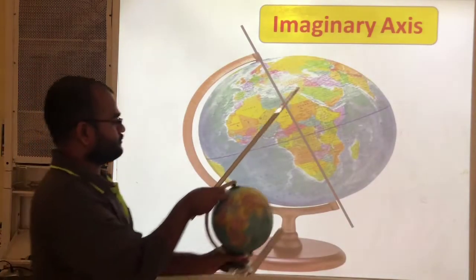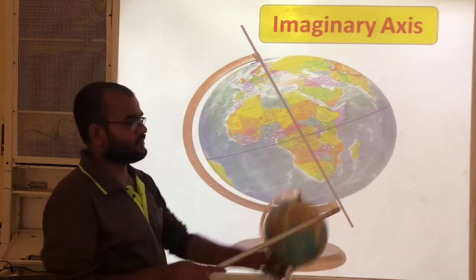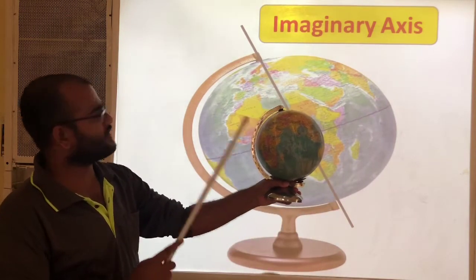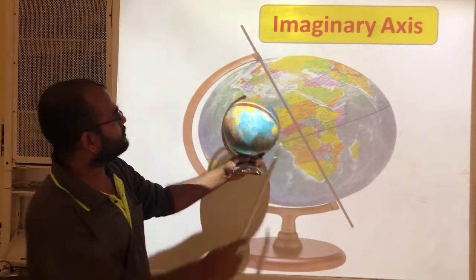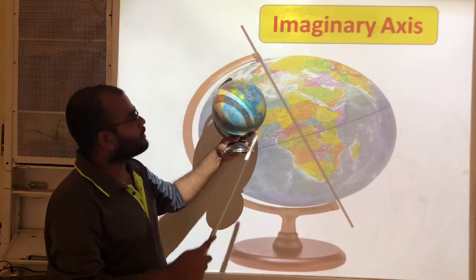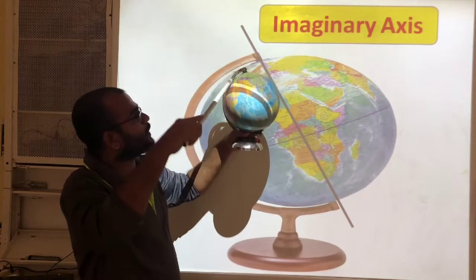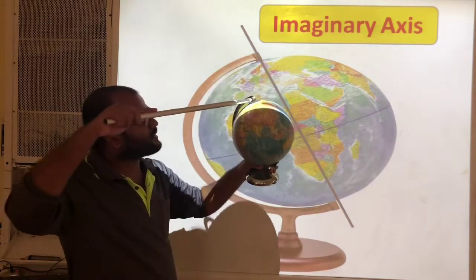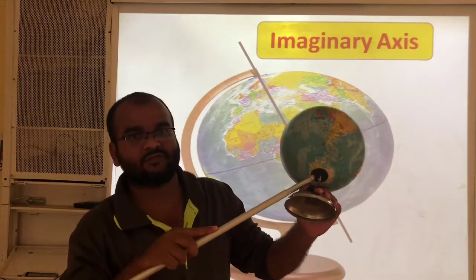And see here, compare this figure with this globe. See here, this line: actually there is no line, but that is an imaginary line that passes through. This is the top portion and this is the bottom portion.